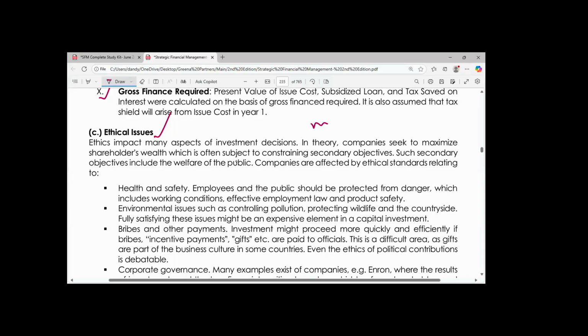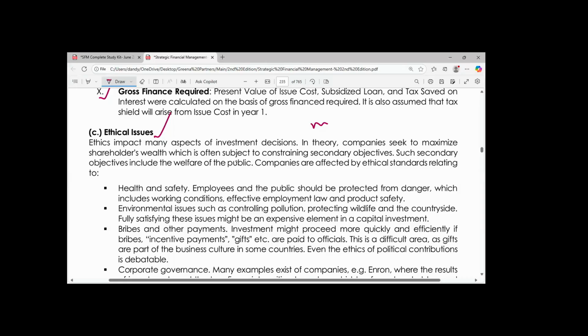Because the focus is on the maximization of shareholders' wealth, the company may not pay too much attention to other objectives of the organization. That's what I'm trying to say here, because we make other objectives secondary. Such secondary objectives include the welfare of the public.